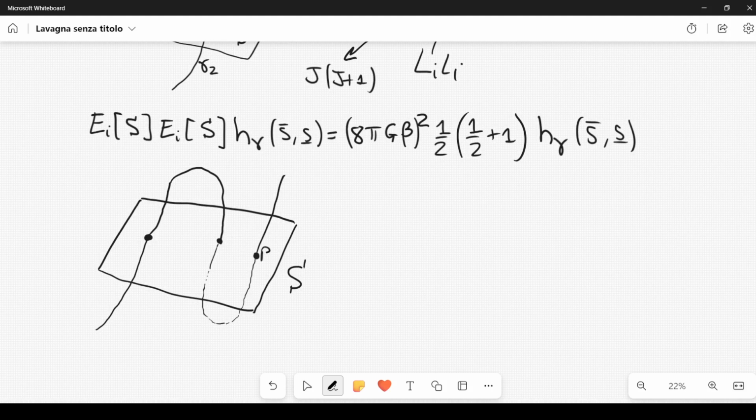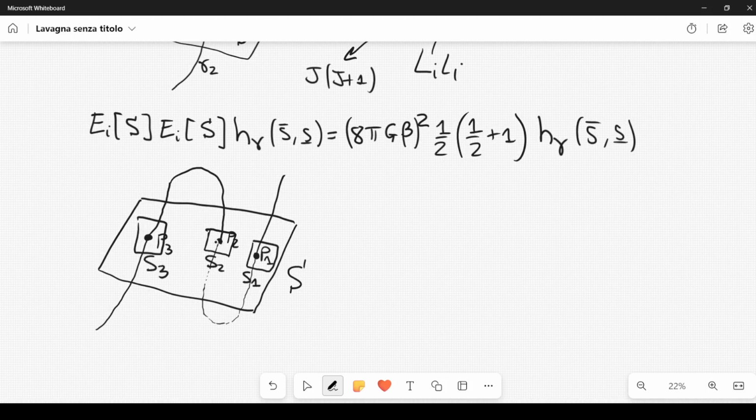So for example, we can label this P1, P2, and P3. And we can consider, for example, this small surface element, we can call this S_2. This small surface element will be S_1, and this small surface element will be S_3.